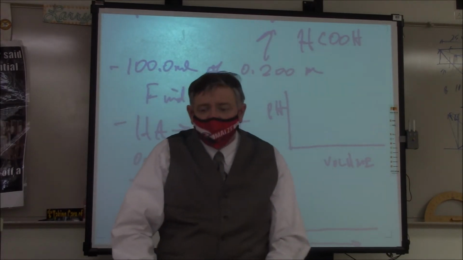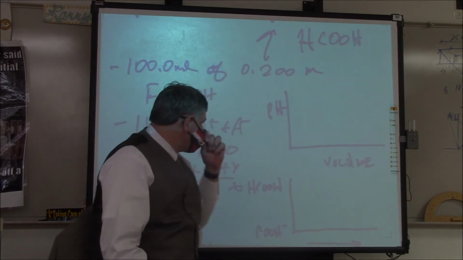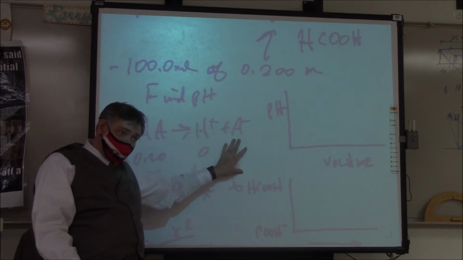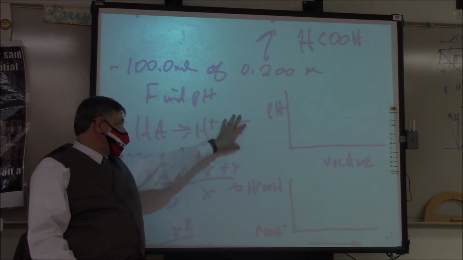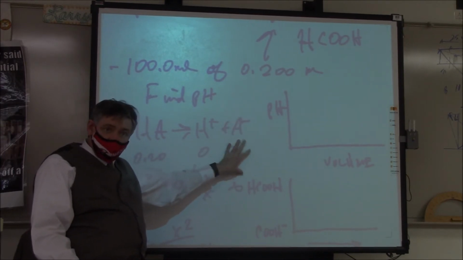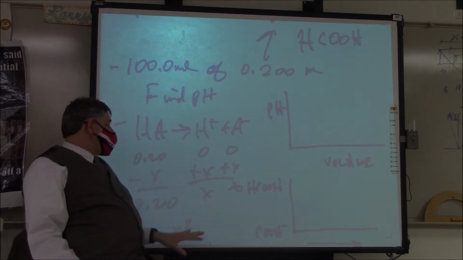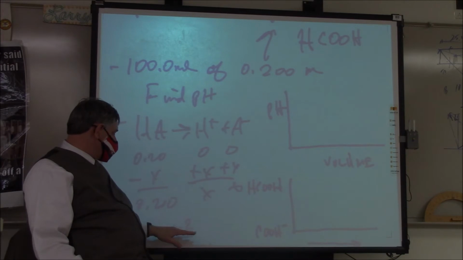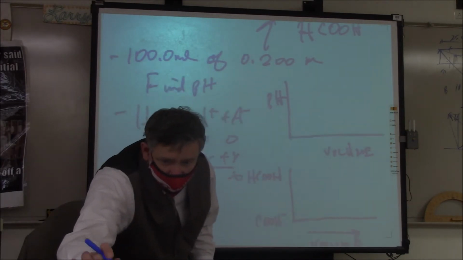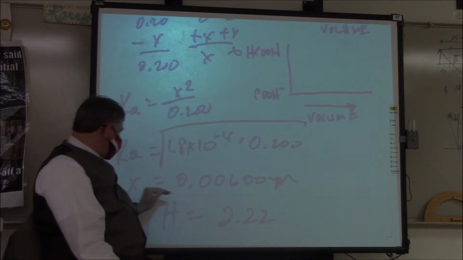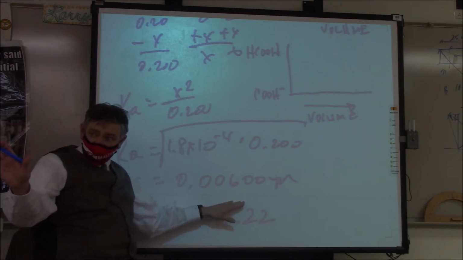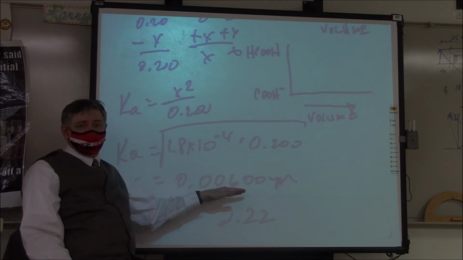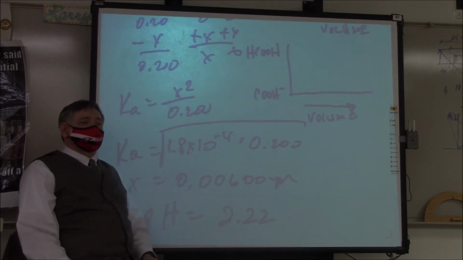Now, if this had been a buffered solution, where I had some of that formate ion in here, then you do the Henderson-Hasselbalch equation. When you get that X, if it had been a buffered solution, would this X have been bigger or smaller than 0.006? Smaller. Why?